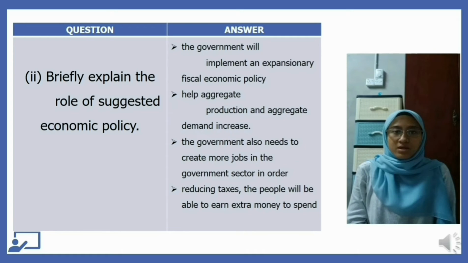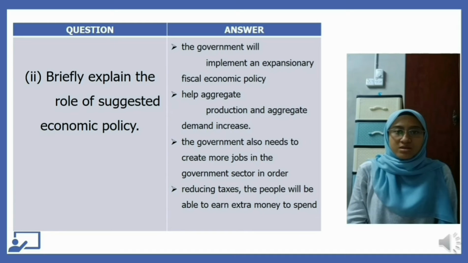This can help aggregate production and aggregate demand increase. Next, the government also needs to create more jobs in the government sector in order to help people get jobs and salaries to spend. For example, job opportunities in the medical field, because this pandemic requires workers in those fields.